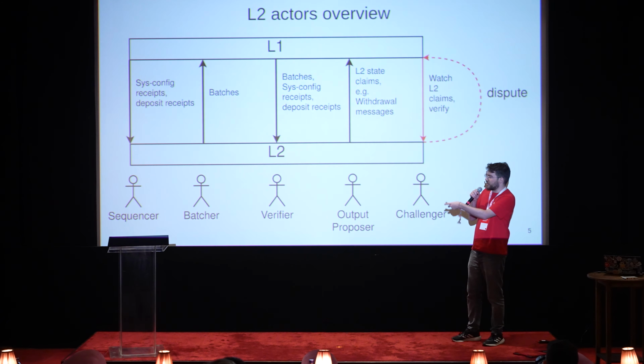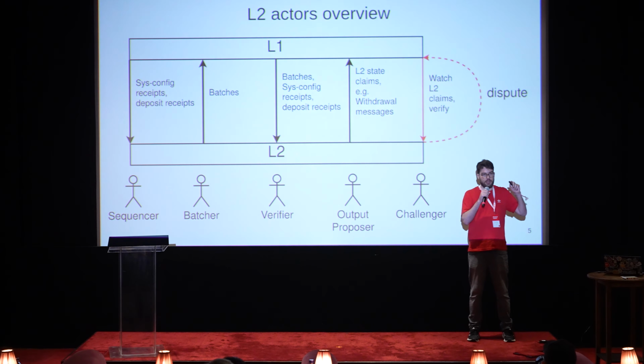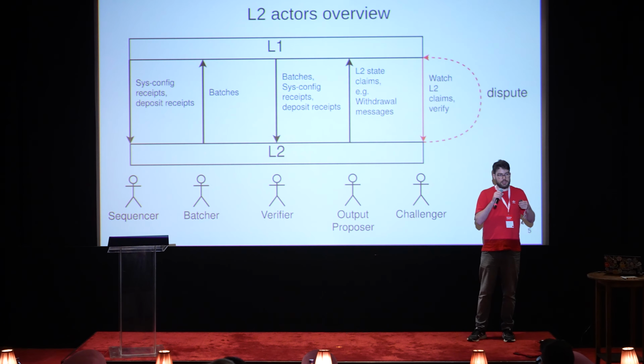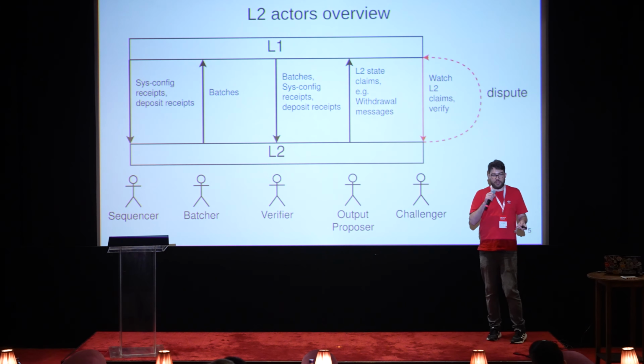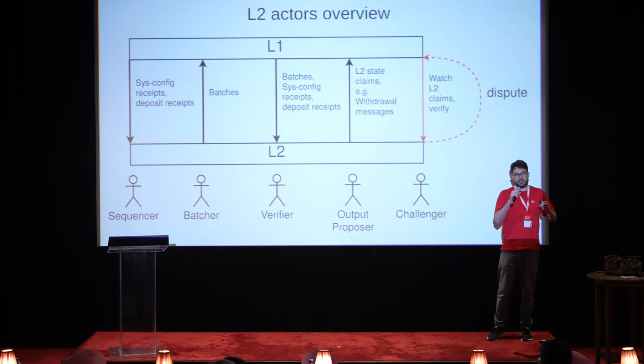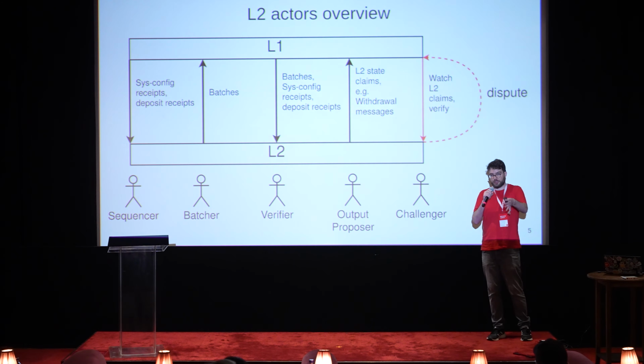So the verifier replicates and verifies that the layer 2 is fully derived from layer 1 correctly. And then the output proposer is a special kind of verifier, which basically claims, this is what I've derived from the layer 1. Now, after all this processing, I think this is the result, and then post that to layer 1.